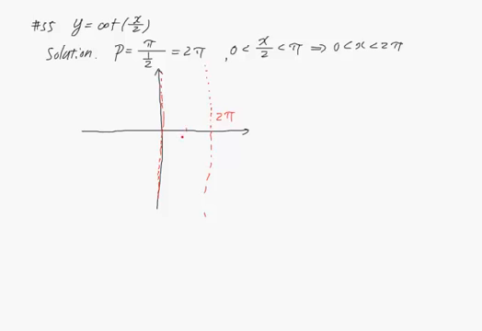Then the graph of y equal to cotangent of x over 2 is like this. You know, it's a decreasing function. Okay, so this is the graph of y equal to cotangent of x over 2.